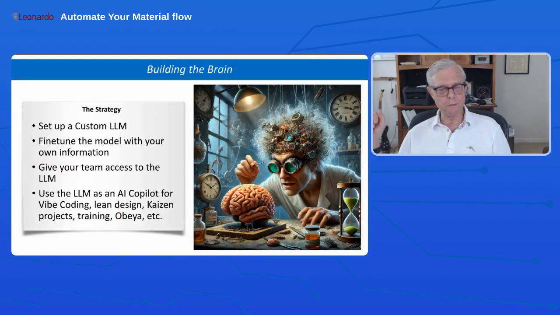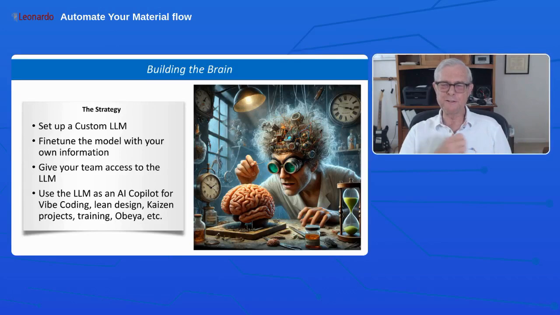Okay, so let's move on and go through the steps from our agenda. Setting up a custom LLM: fine-tuning the model with your own data, and then you give your teams access to that LLM that knows your stuff. It used to be, not that long ago, a year or more ago, a little more complex to train LLMs.